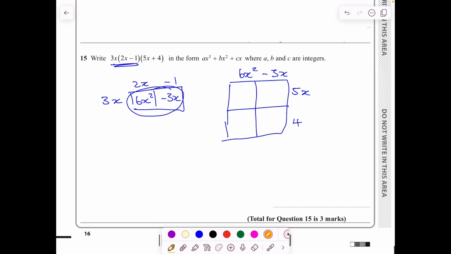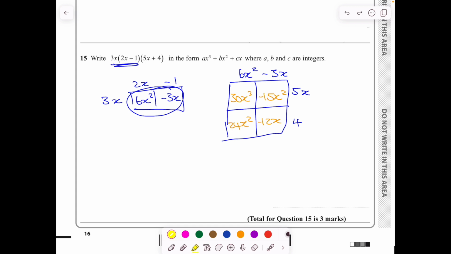So then I fill it in. 6x squared times 5x is 30x cubed. Minus 3x times 5x is minus 15x squared. 6x squared times 4 is 24x squared. And last of all, minus 3x times 4 is minus 12x. We can gather any like terms, and so we've got 24x squared and minus 15x squared.